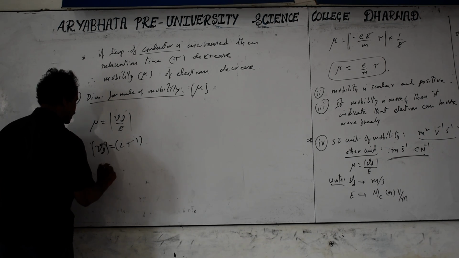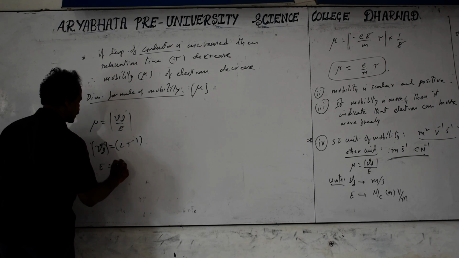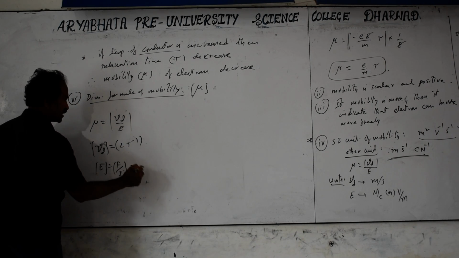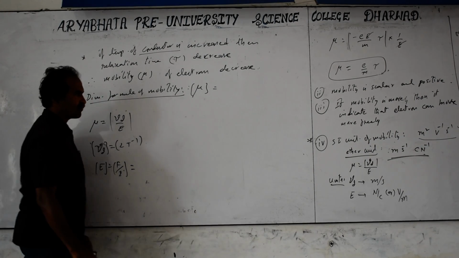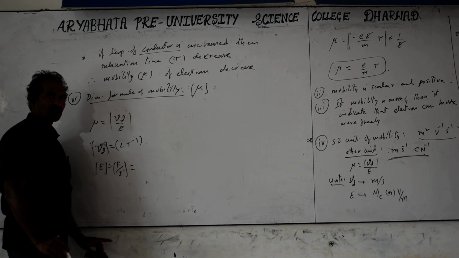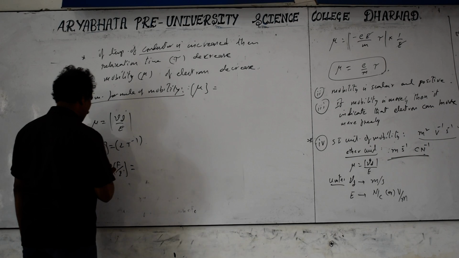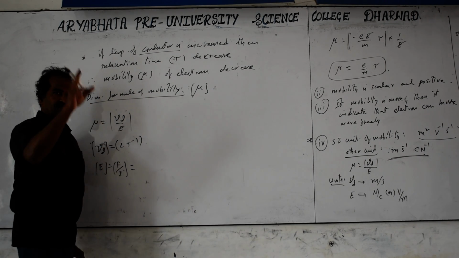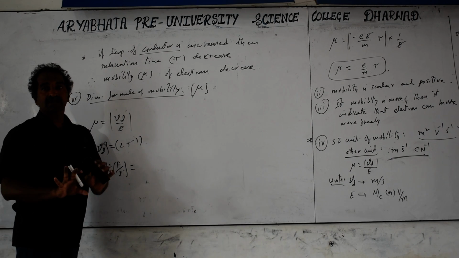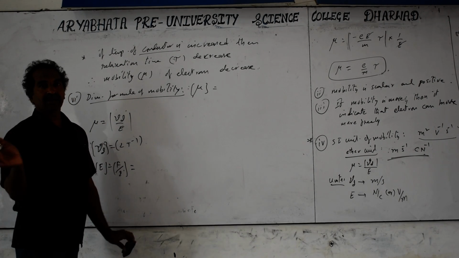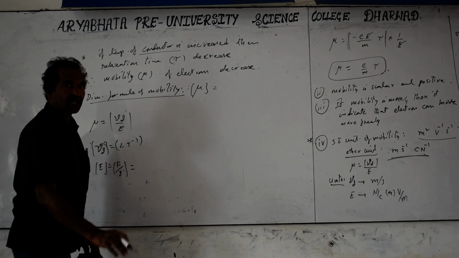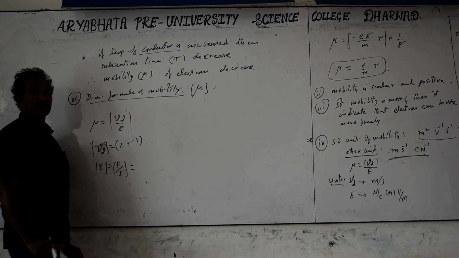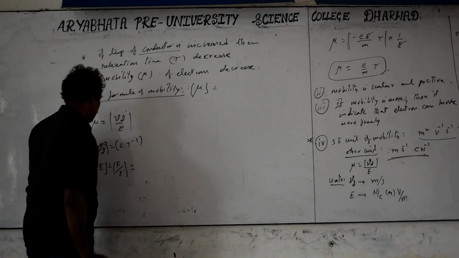And electric field is force by charge. Even if you take V by r also, the dimensional formula will be the same. Dimensional formula won't change. For one physical quantity, you can have different units and different formulas, but one physical quantity always has only one dimensional formula. Units you can write many number of times, and formulas also can be of many types, but not dimensional. Dimension only one, equal to F by q.